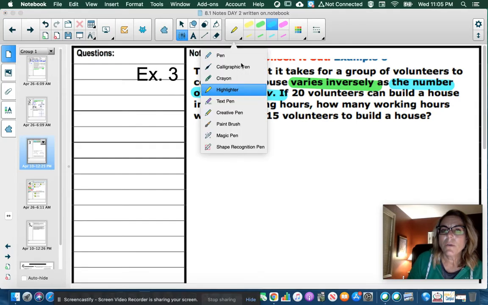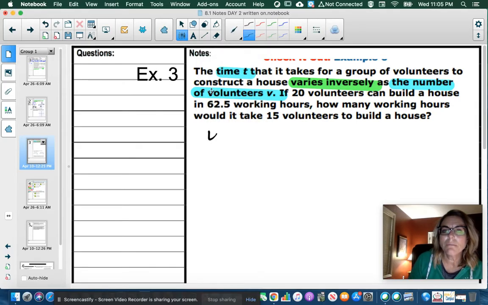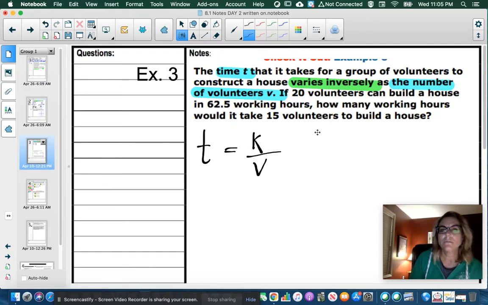I'm going to write my equation right away. Instead of y and x, I'm going to use t for time. Time varies inversely, so I'm going to write t equals k over v, because directly, it would be k times v.